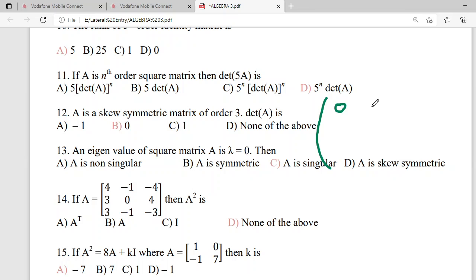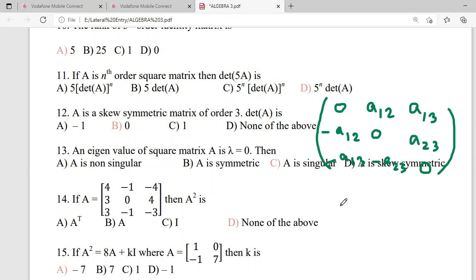First row is 0, A 1 2, A 1 3. Then the next row is minus A 1 2, 0, A 2 3. Then the last row is minus A 1 3, minus A 2 3, 0.